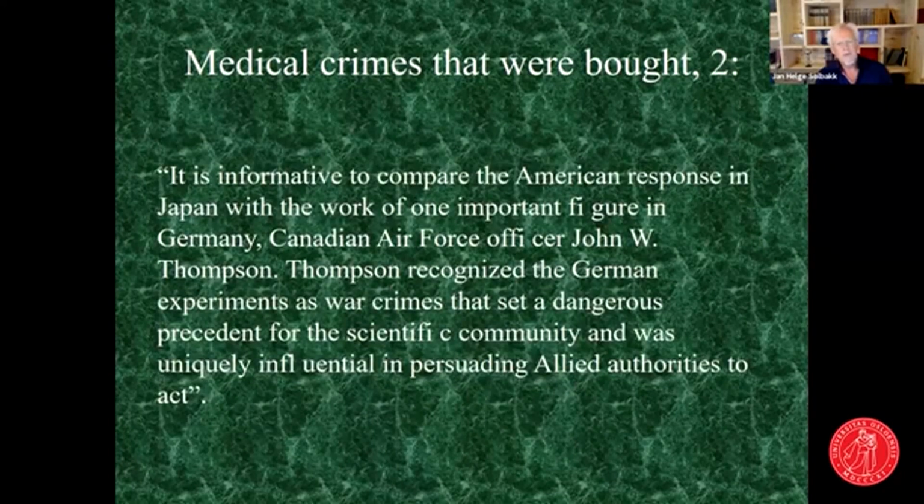It is informative to compare the American response in Japan with the work of one important figure in Germany, Canadian Air Force officer John W. Thomson. Thomson recognized the German experiments as war crimes that set a dangerous precedent for the scientific community and was uniquely influential in persuading Allied authorities to act.